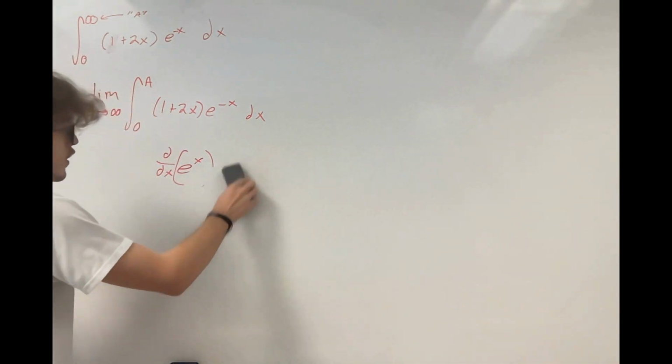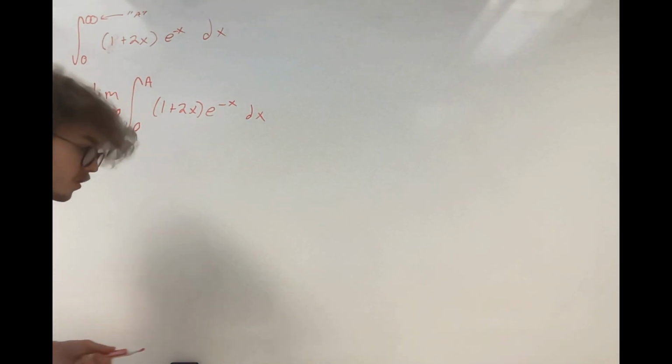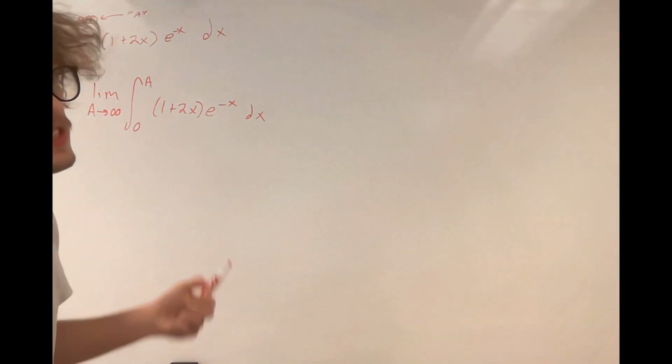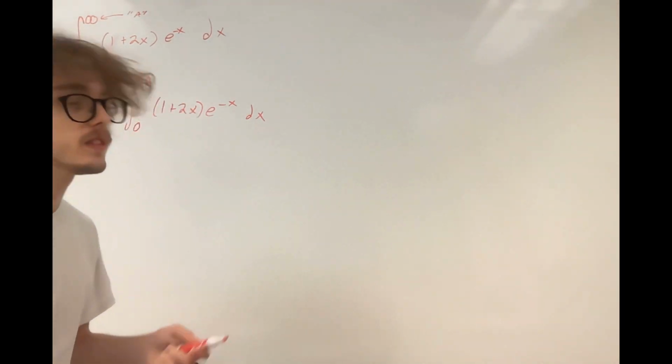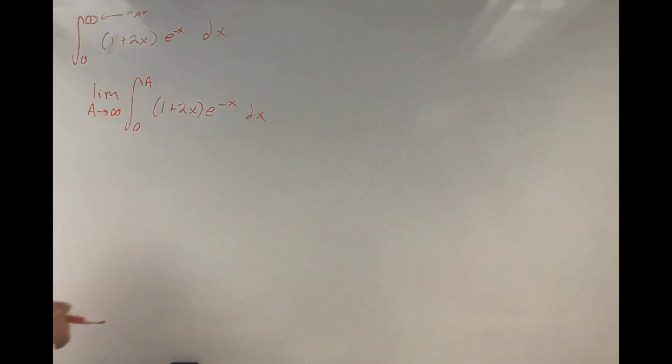So I think of all the different things that we can do. It's not trig sub, it's not partial fractions. It's actually going to be just a simple old integration by parts.